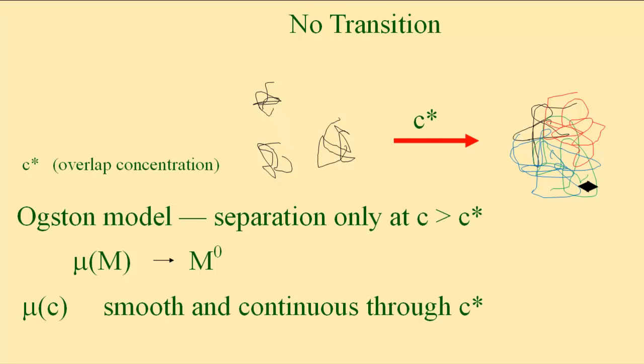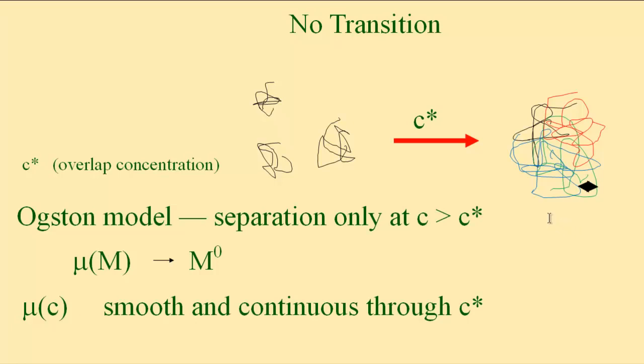There's then the transition concentration C star itself, red arrow, and then we get up to the higher concentrations in which the polymer chains are overlapped. To make the separate chains visible, I've colored the chains red, blue, green, black. They're all the same chemical. I've labeled them so that you can see what you're looking at.